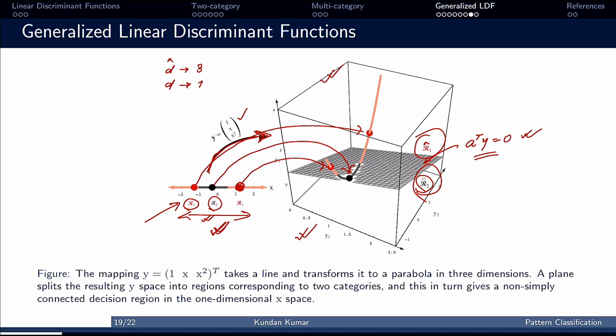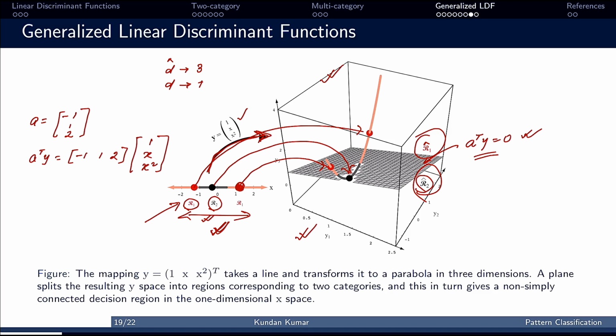So, if we assume that a is -1, 1 and 2, then a transpose y equals -1, 1, 2 into 1, x, x square.